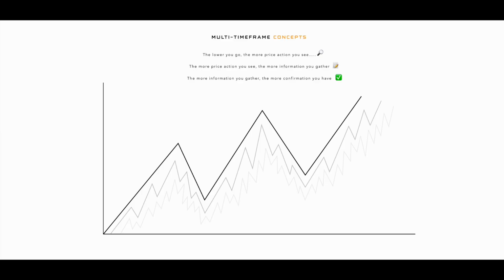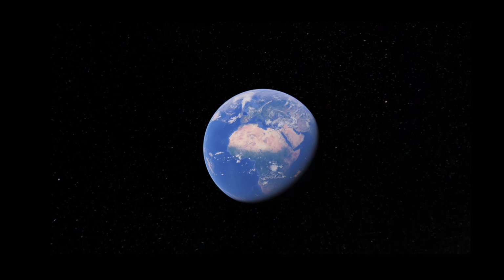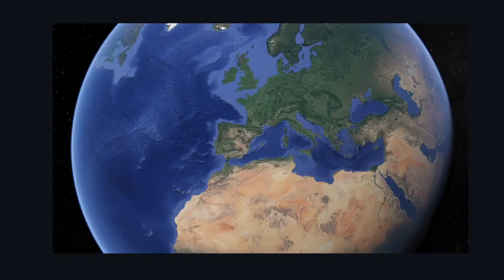Another way to interpret this would be to think about zooming in on a high resolution image. So let's take the world, for example. If you're looking at Earth from space, right, and you see the whole world as one, with all of the continents together in essentially one big, beautiful sphere, you can then start to zoom in and notice individual continents.